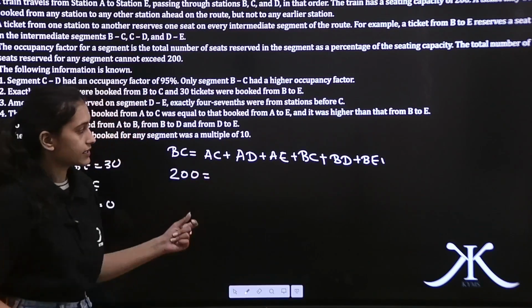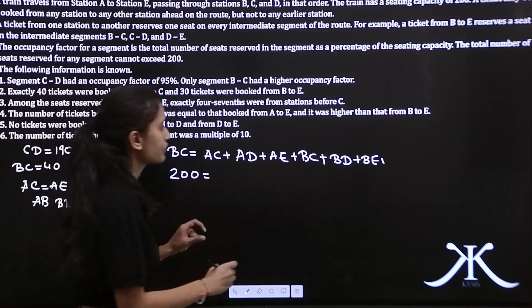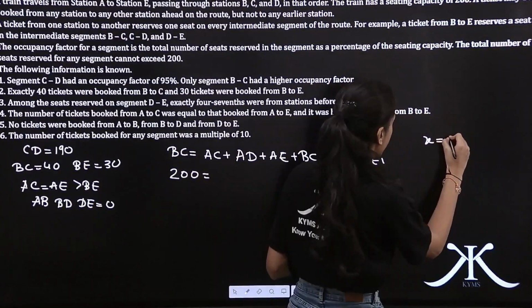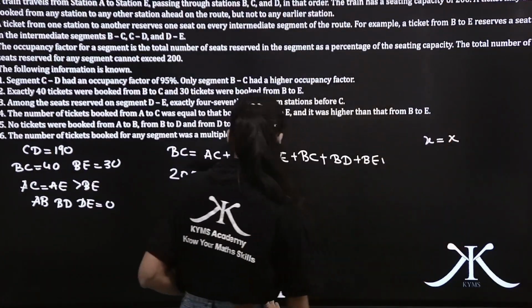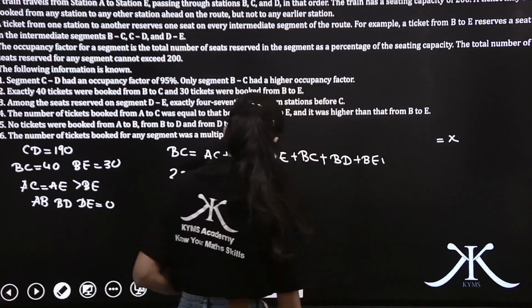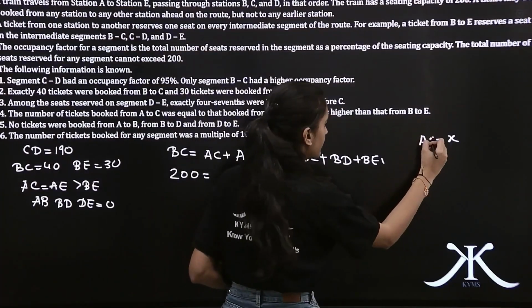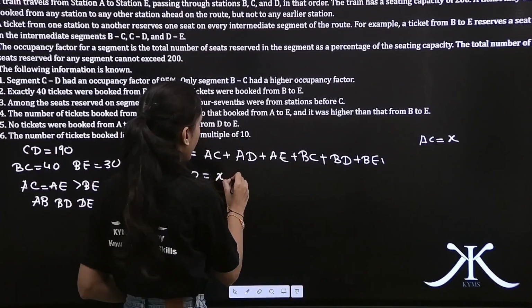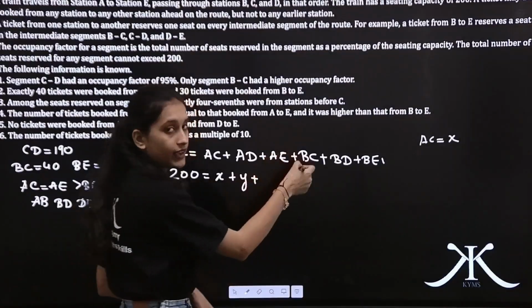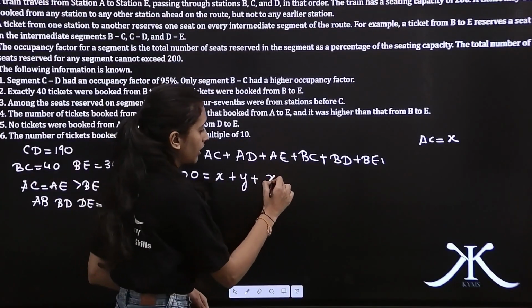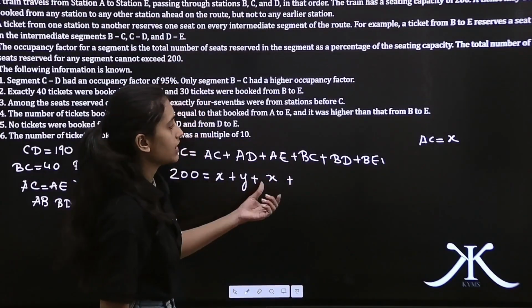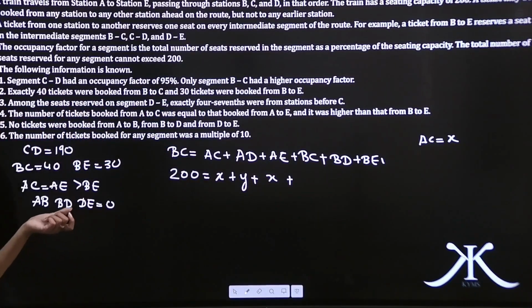Okay, let's assign variables to them. For AC, let's take AC equal to X, AD equal to Y, and AC and AE are equal, so X, BC, BD and BE.